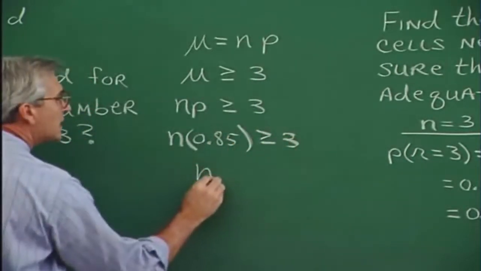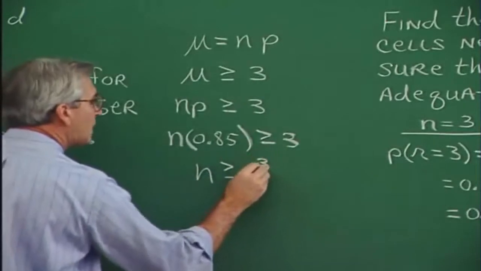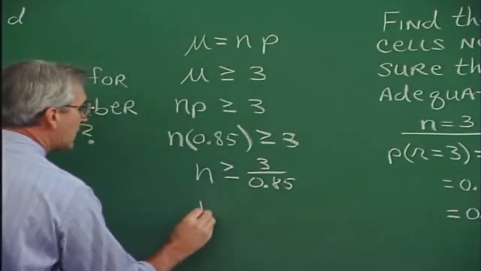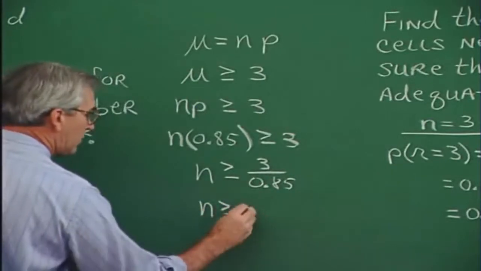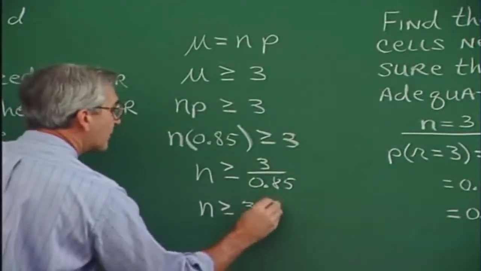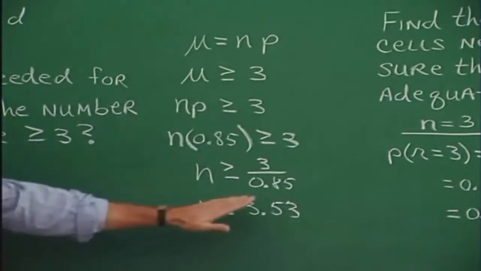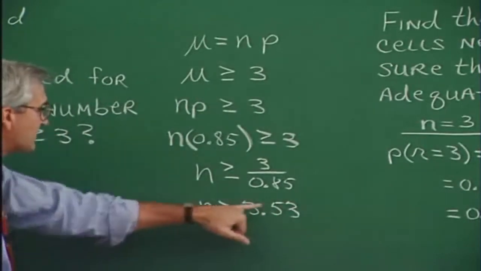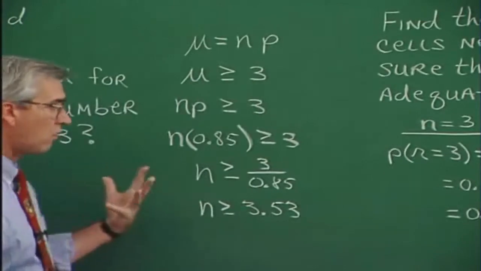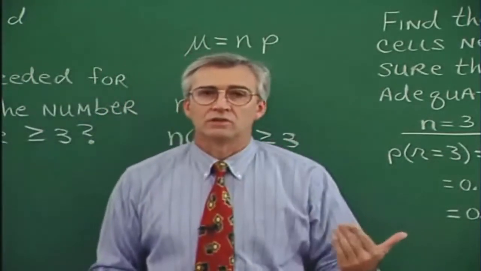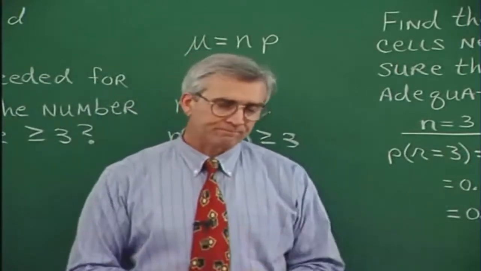And N then needs to be greater than or equal to 3 over 0.85, or N needs to be greater than or equal to 3.53. And since we're talking about a whole number of cells, we can't have partial cells. We would probably say then that N needs to be 4 or larger than 4 for the average number of working cells to be 3 or more.